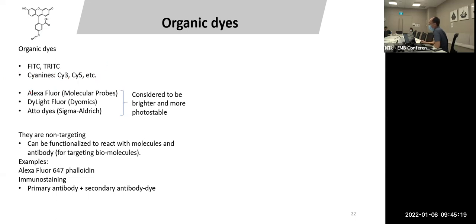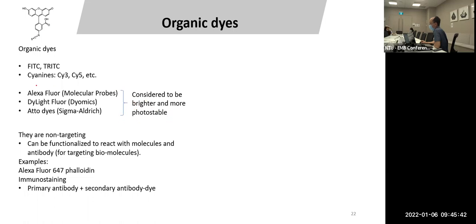Nowadays, a lot of companies sell dyes that are basically modifications of FITC, TRITC, or even Cy5 dyes. They basically just change some of the side groups, add some stuff here, and come up with dyes that are considered to be brighter and more photostable.